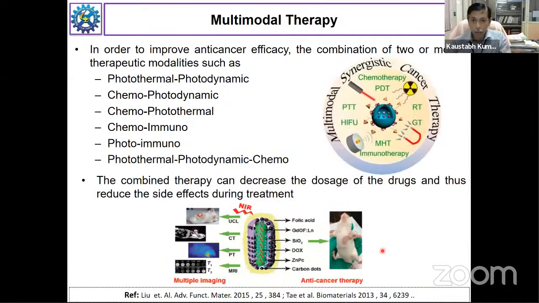So I'm going to talk about the kinds of cancer therapy which have evolved. Now people are trying to use, in a fantastic way, multimodal therapy, using a combination of two kinds of phototherapy, or a choice of photochemotherapy and chemoimmunotherapy.